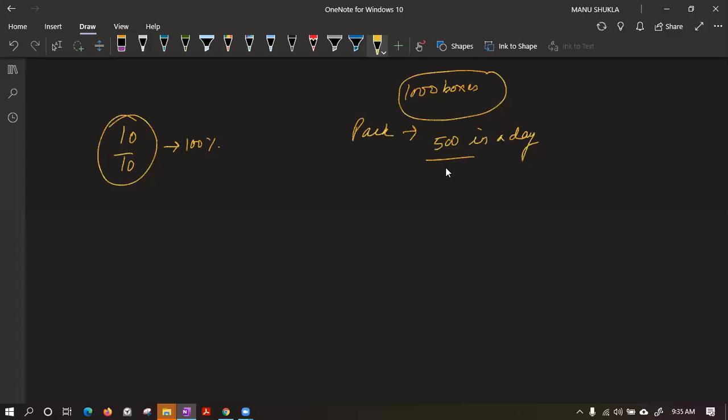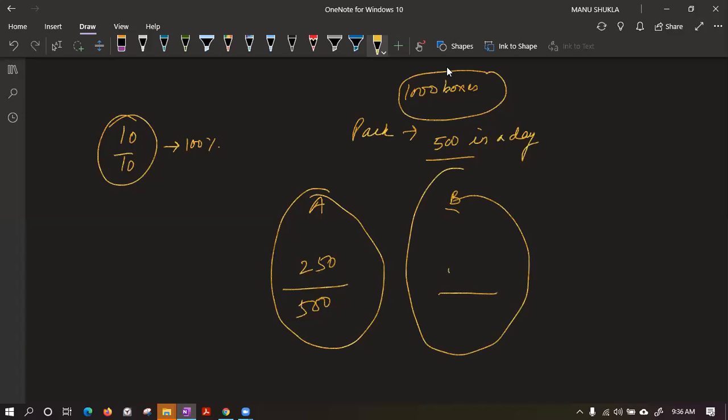Person A packed 250 out of 500. He was a little lazy. Person B packed 500 out of 500. He was very efficient and obedient. So he packed complete. Person C did extra. He packed 1000 complete boxes when it is given to him in a day.